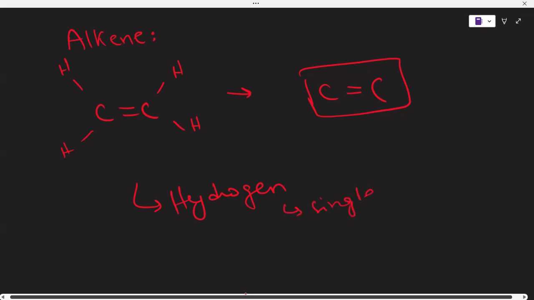So if I try to draw a single carbon molecule of an alkene, you will notice that there is no double bond here, which means a single carbon molecule of alkene does not exist. Alkenes only exist in a double carbon form. So here is the functional group of alkene.